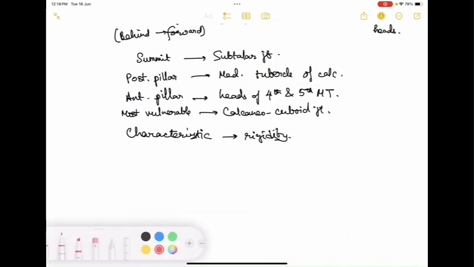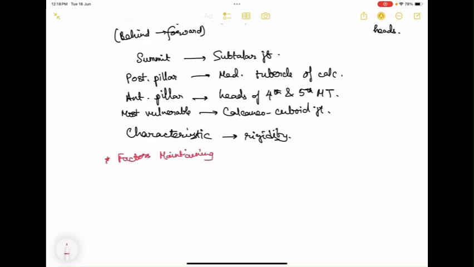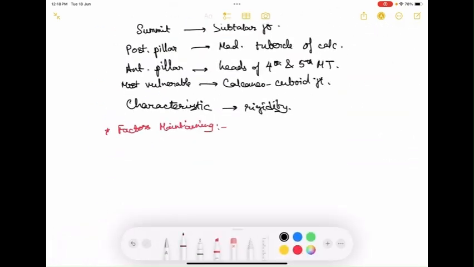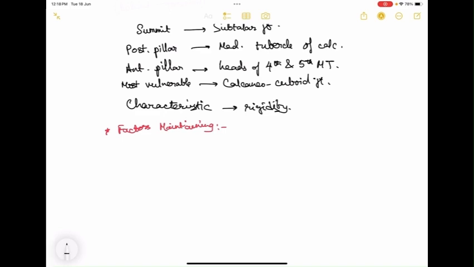Moving on to factors maintaining the arch. We will go point after point: shape of bones, intersegmental ties, tie beams, and acting from above, or suspensory action.